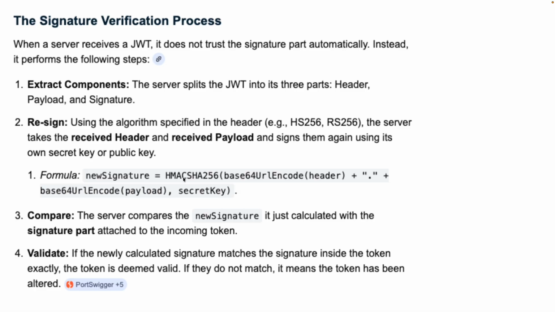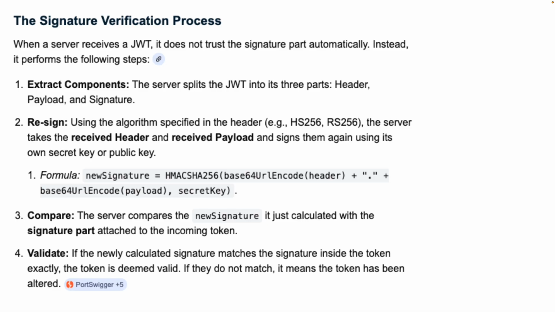You can see this formula: HMAC SHA256 of Base64 encoded header plus payload, and the secret key, which is already present in the server. Then it compares this new signature with the signature that it got in the token. If the two signatures match, then it's a valid token, else it is an invalid token and it throws an error. It doesn't need to manage anything else.